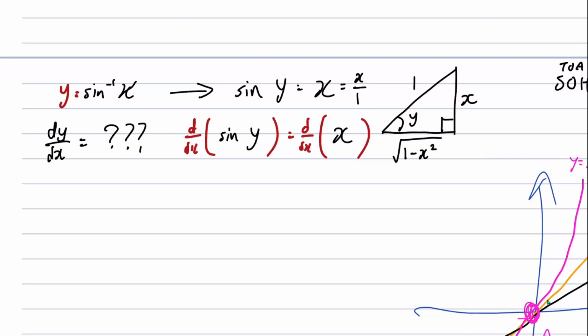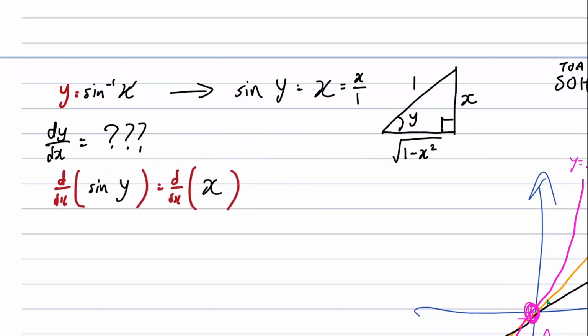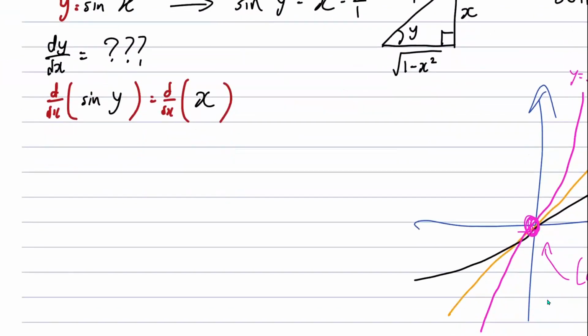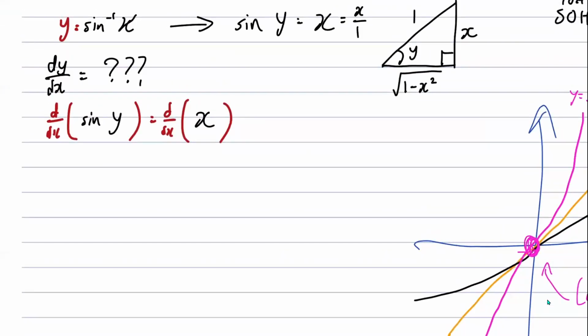How do you do that? What's the derivative of sine y? What's the derivative of x? Differentiate sine, what do you get? Cosine. But what's inside?